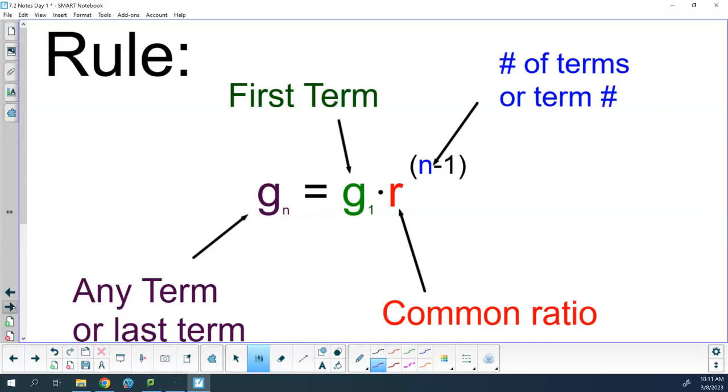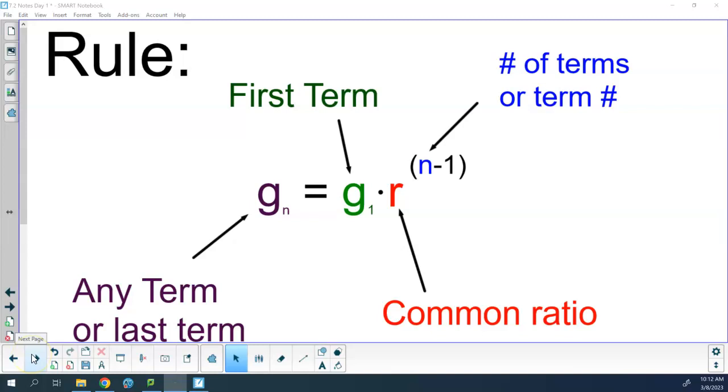This is the rule for a geometric sequence. Arithmetic sequences and series had A sub n and A sub 1. Geometric sequences and series have G for their letter of choice. So we have G sub n is equal to G sub 1 times R to the n minus 1 power.